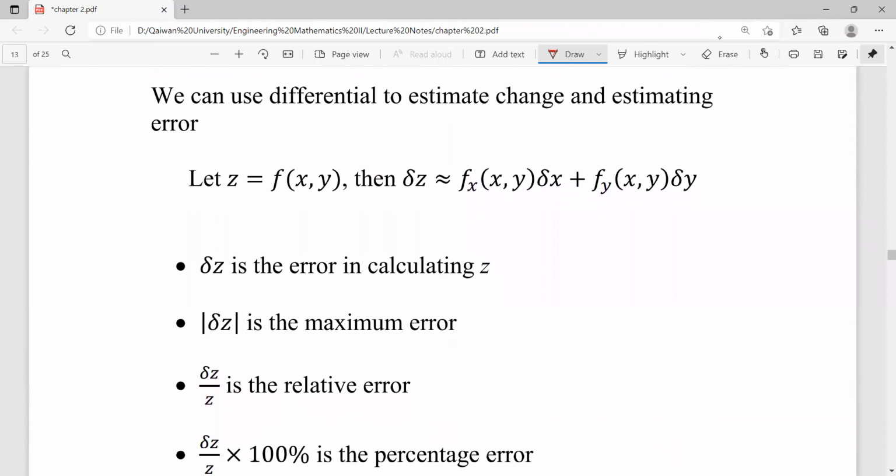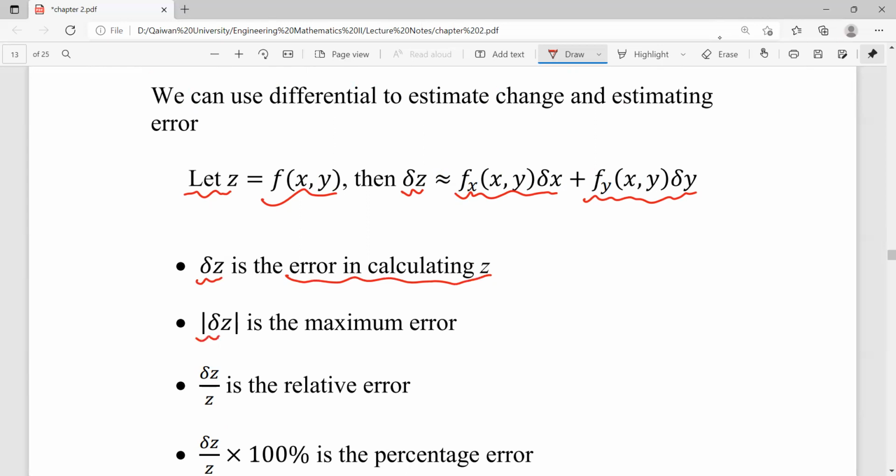Now we have the errors. We let z be f of x, y, then delta z is approximately equal to f sub x dx plus f sub y dy. Here, delta z is the error in calculating z.